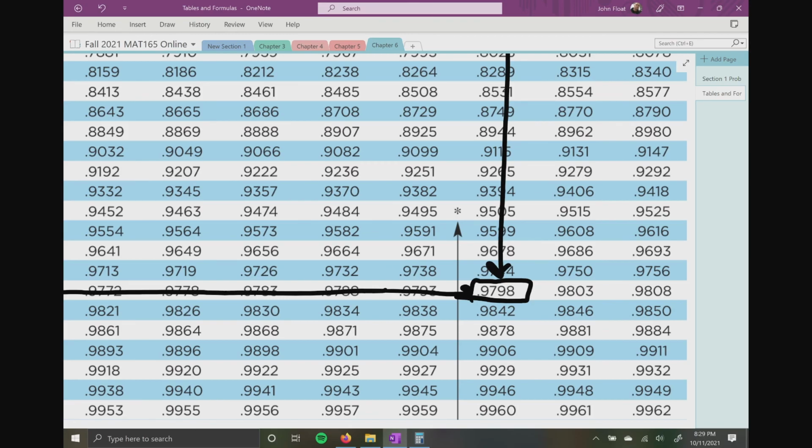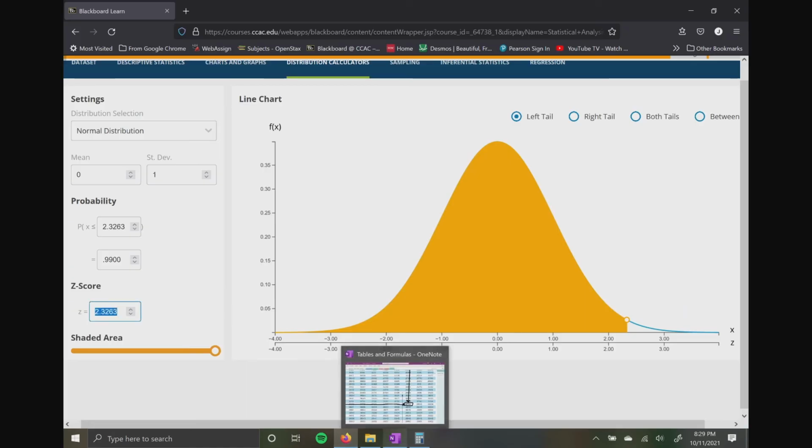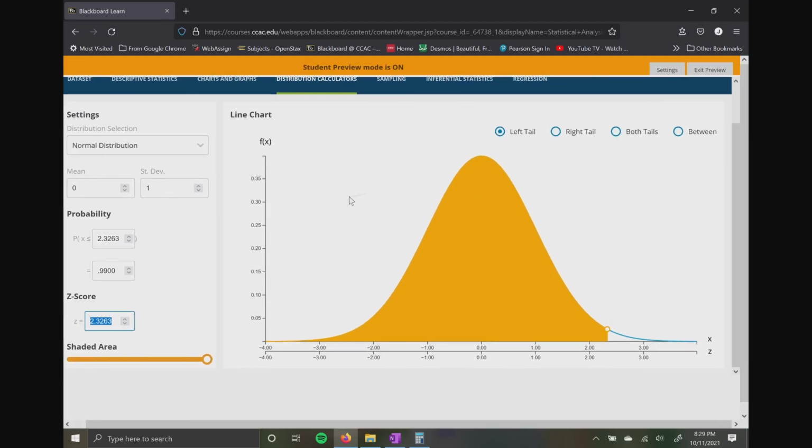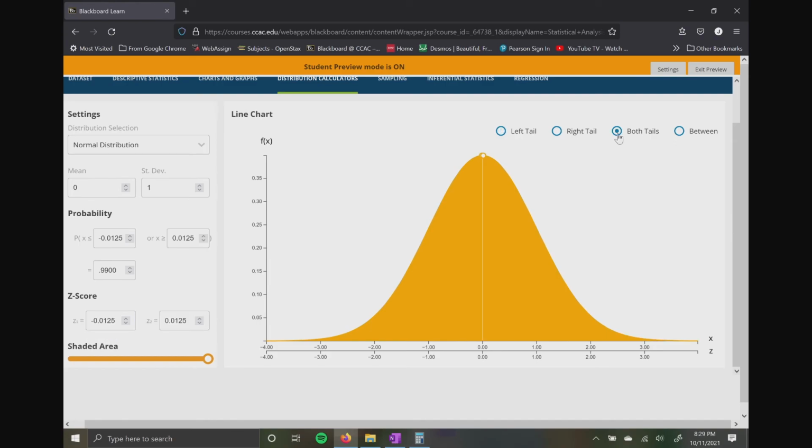I'm going to show you using SALT, because SALT we love. So here's SALT. Now, upper right-hand corner, notice left, right, both tails, but what we need, or in between, we need both tails. And let's go ahead and just type in for our area 0.02. And by doing that, look what happens to my picture.